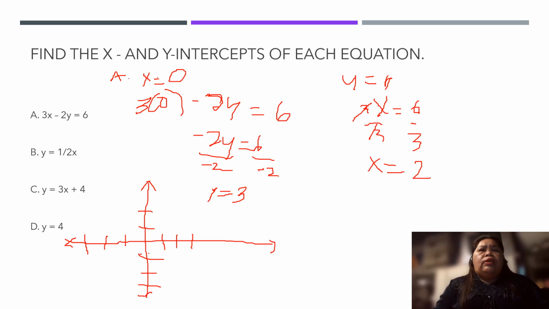Our y-intercept is 3, so (0, 3) means our point is here. And then 2. Then connect these. So this is your graph for 3x minus 2y equals 6.